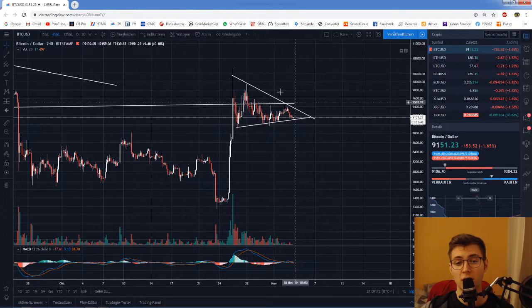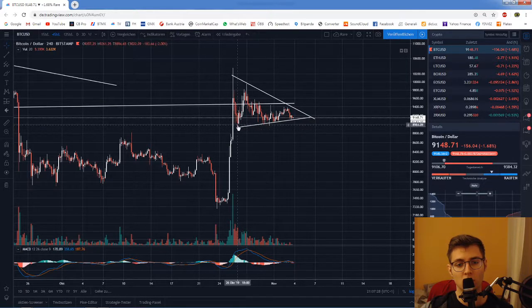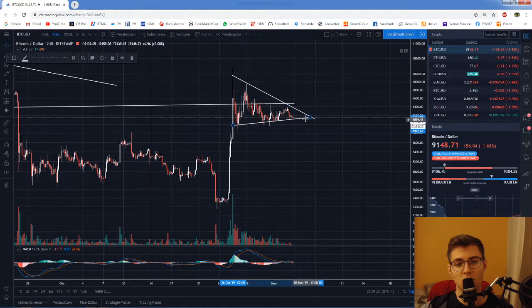So there's very much area of resistance for the price to break, compared to basically 8,960 and 8,900.